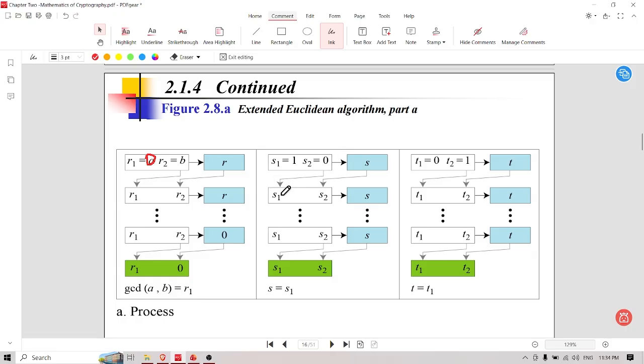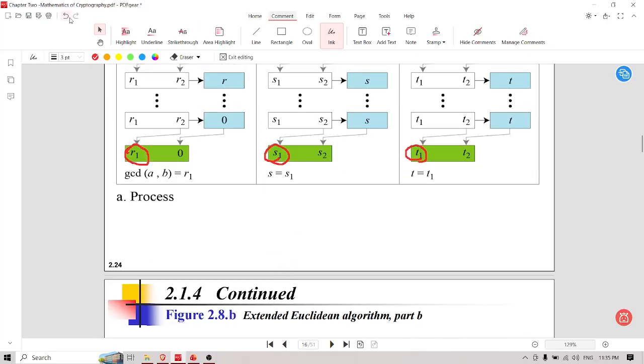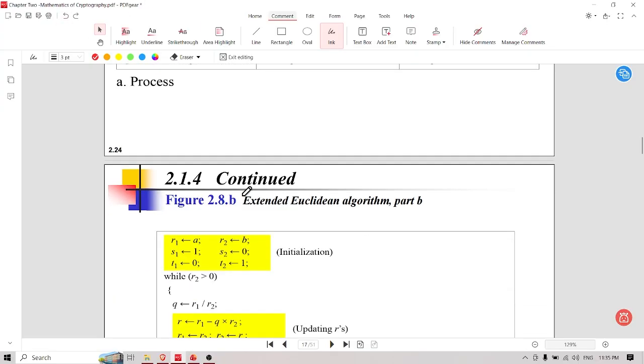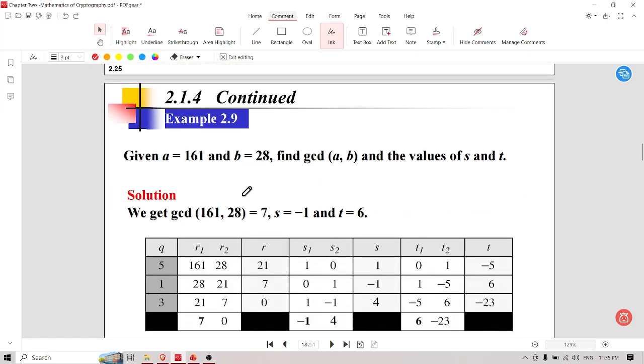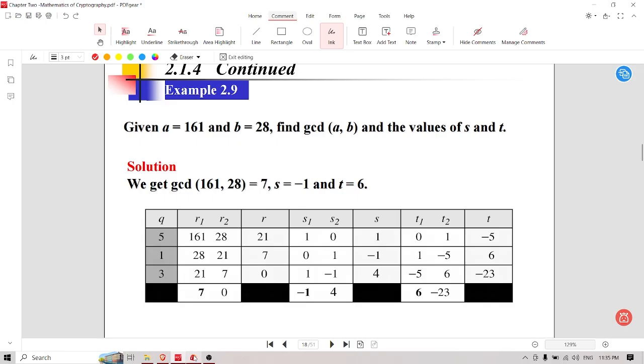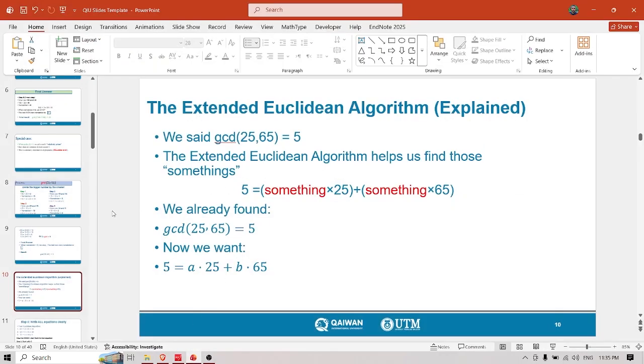Now S2 would become S1, and S would become S2, and we will compute S until we get the result. Here S is equal to S1. So this would be our S, this would be our T, and this would be our R, or the result of the GCD. Now we will explain what it means. First of all, we have this way.